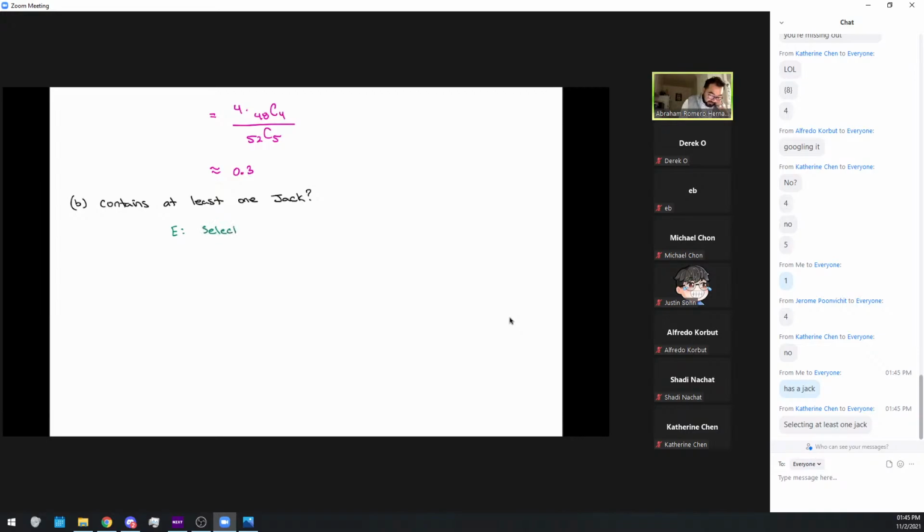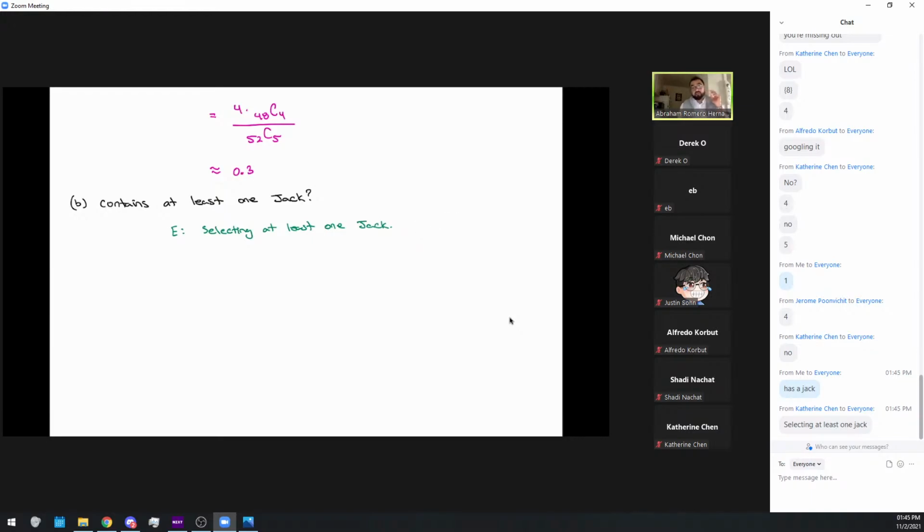Selecting at least one jack. And do not use something like this because this doesn't make any sense. I know what you're trying to say, but this doesn't mean at least one jack. So be very careful with your notation.